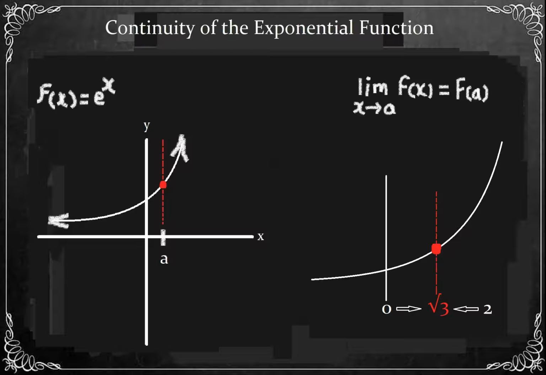For continuity, the limit must exist if approached from left and right, such as our lower and upper sequences both approach the target number a. Furthermore, this common limit value must be equal to the function's value at that point, which means if e to x is continuous and injective, it's guaranteed to have an inverse.